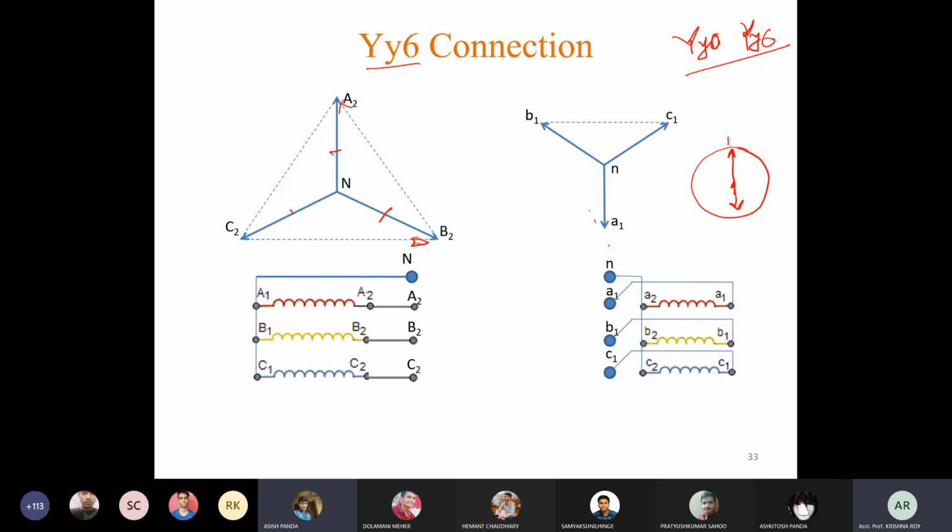Okay, so this is 12, 1, 2, 3, this is 6. So YY6 means the minute hand will always lie at 12 hours and the hour hand will lie at 6 hours. Okay, so this angle is 180 degree. So therefore phase angle will be 180 degree for YY6 connection.